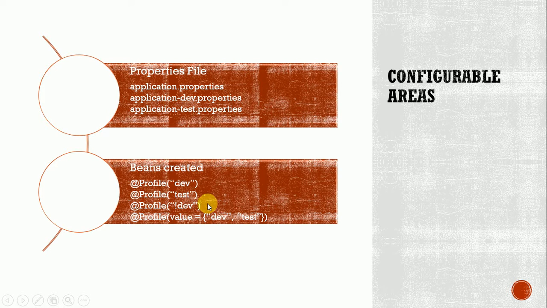Or to include it in multiple profiles, you can use @Profile(value = {"dev", "test"}). To include it in all the profiles at once, you do not use the @Profile annotation at all. However, if you are using Spring Profiles, you must activate at least one of the profiles so that the bean can be used.